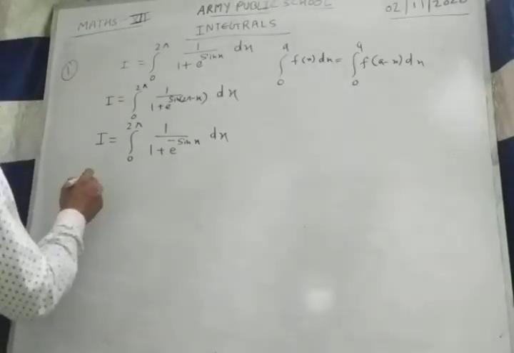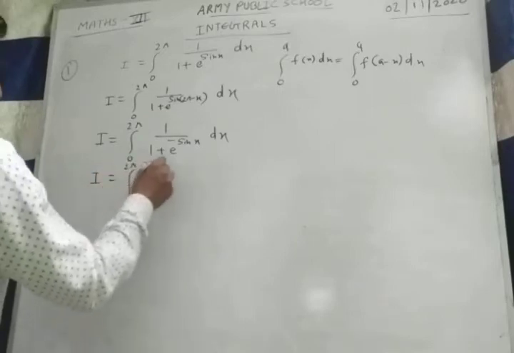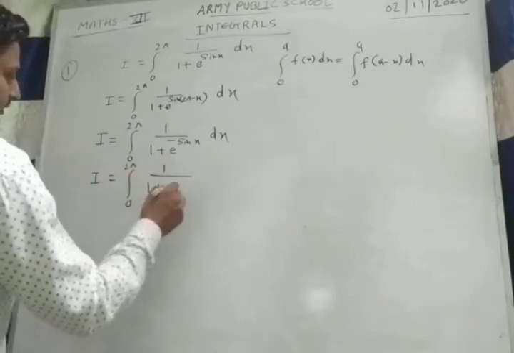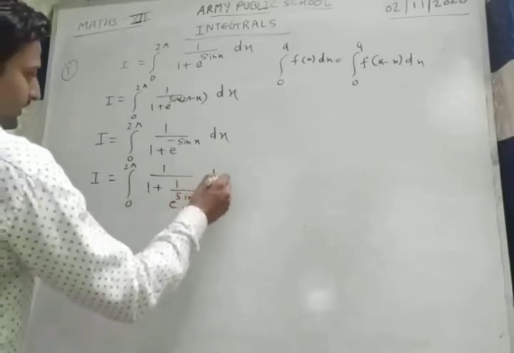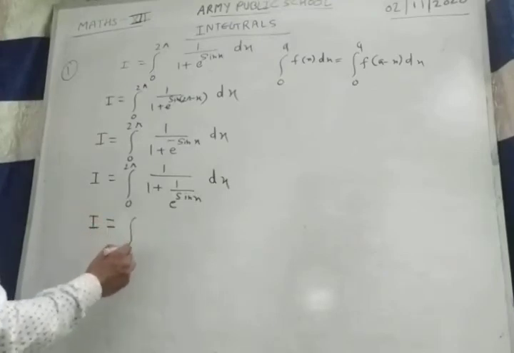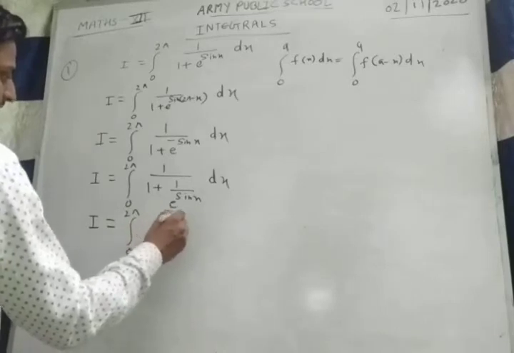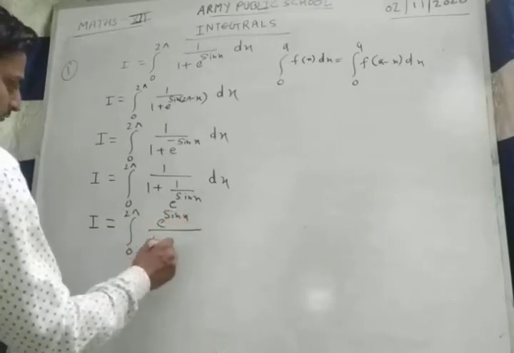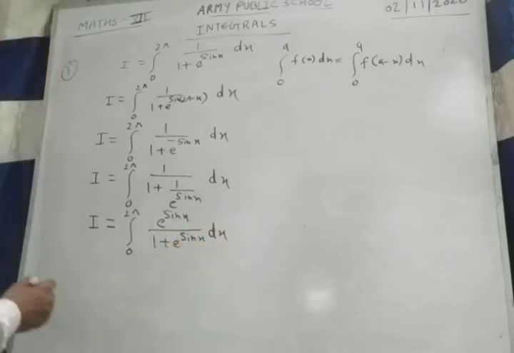Minus sin theta. So we write I is equal to integral 0 to 2 pi of 1 by 1 plus 1 by e to the power sin x dx. We can write this as I is equal to integral 0 to 2 pi of e to the power sin x divided by 1 plus e to the power sin x dx.